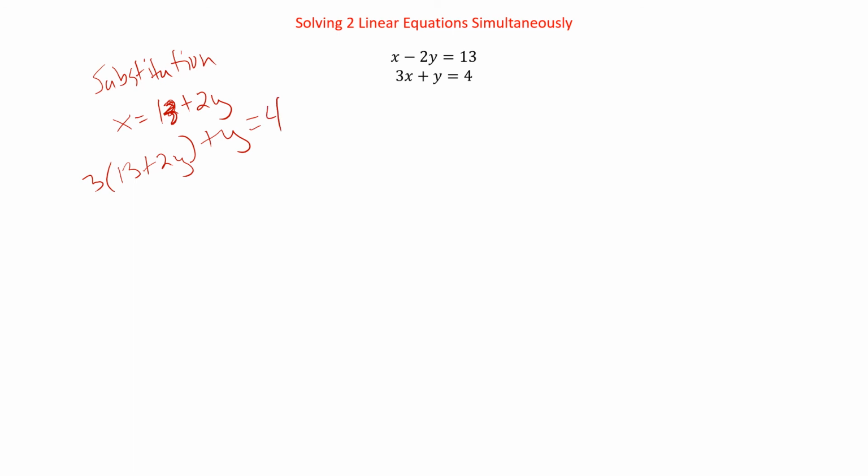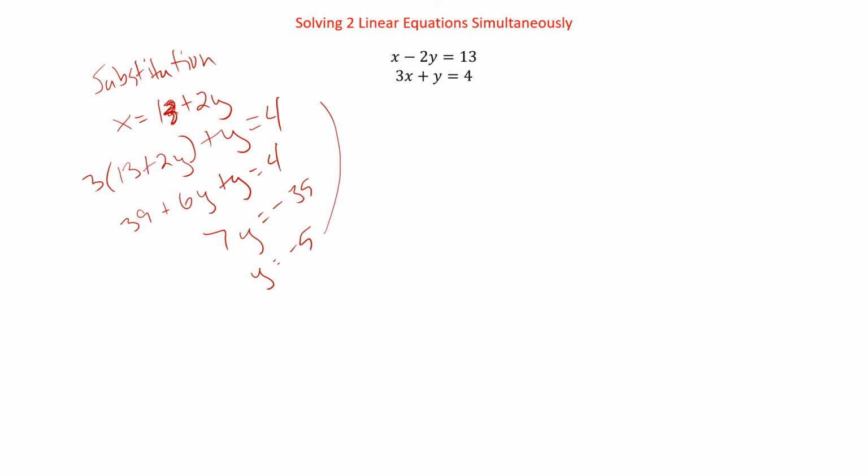And now that's only one variable. So we can distribute this. 3 times 13 is 39 plus 6y plus y equals 4. You subtract that over. We'll end up with 7y equals negative 35. Divide by 7, y equals negative 5.